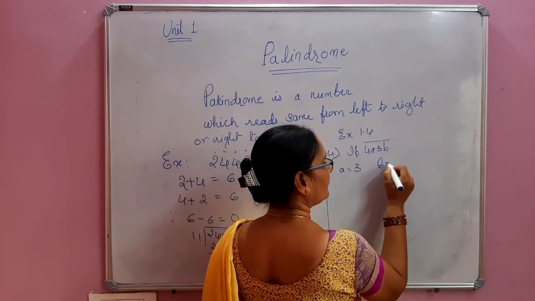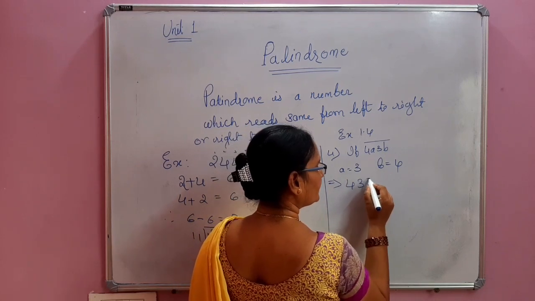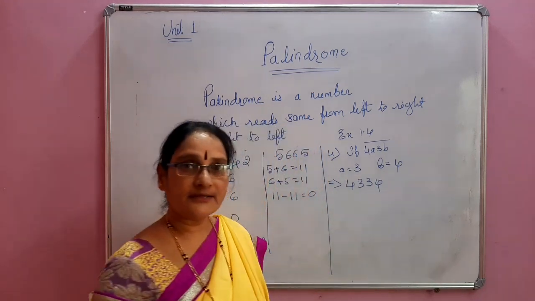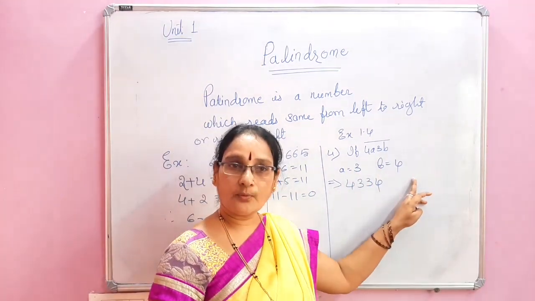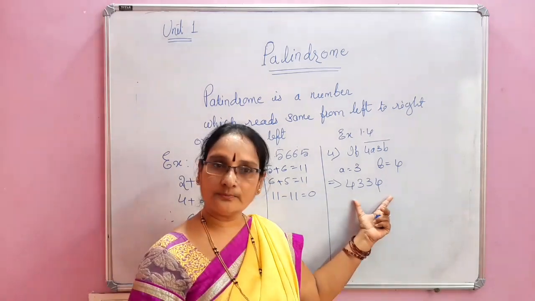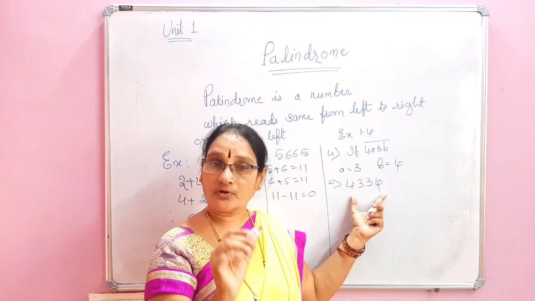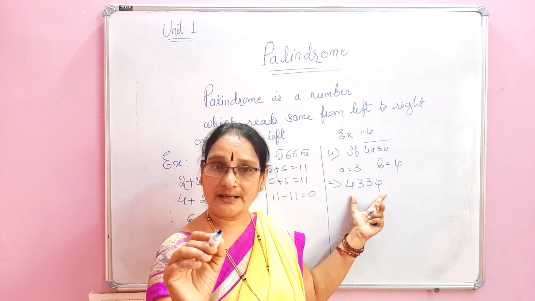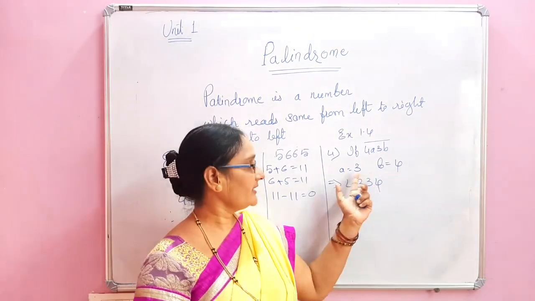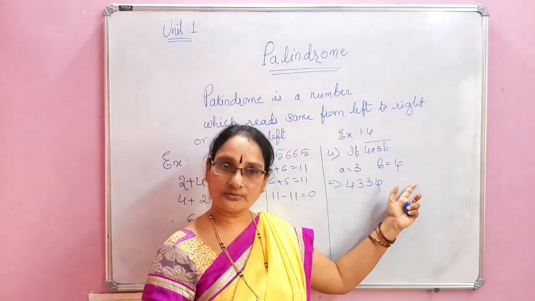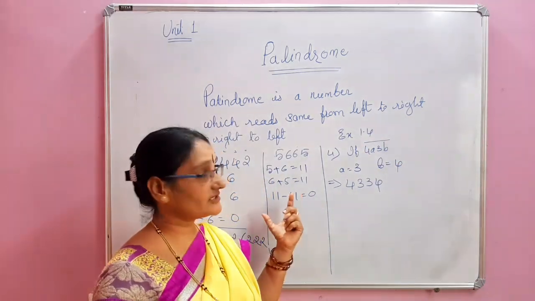It must be 4. So this implies 4, 3, 3, 4. The value of A is 3 and B is 4. Now it has become a palindrome. I said that 4-digit palindromes are always divisible by 11. So the possible values to make it divisible by 11 are A equal to 3 and B equal to 4. This is the method of solving such kinds of problems.